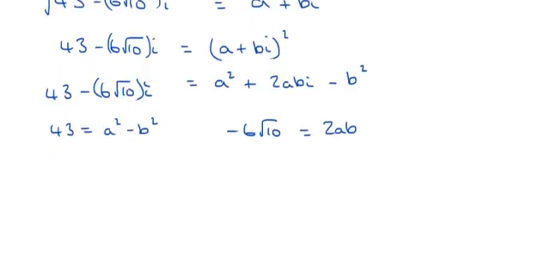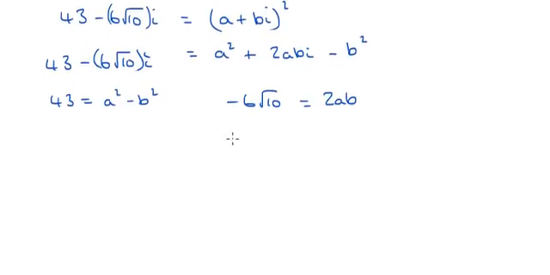So what we can then say is that a is going to be equal to -6 root 10 over 2b, or in a simplified form, -3 root 10 over b. And we can then substitute this expression for a into the a in the left-hand equation.